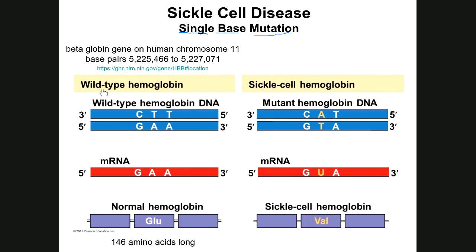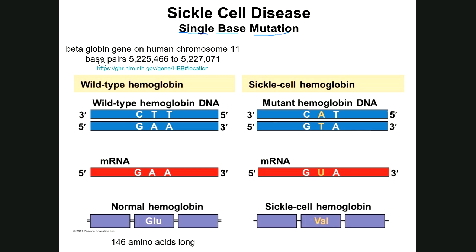Now, the gene associated with this genetic disorder called sickle cell disease is known as the beta globin gene, and it's located on chromosome 11. It's a very large gene. It's made up of roughly between 5,225,000 base pairs to 5,227,000 base pairs.